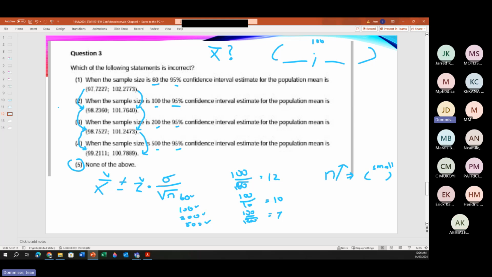So 97.7227 plus 102.2773. If we divide that by 2, we do get 100. So 100 is in the middle. 98.236 plus 101.764. Again, 200.